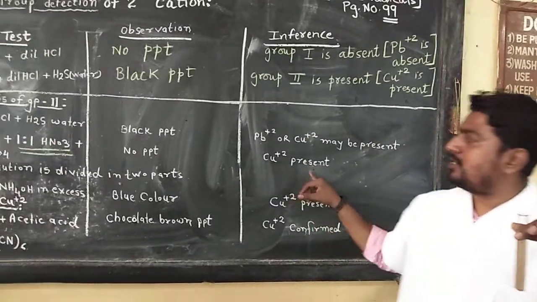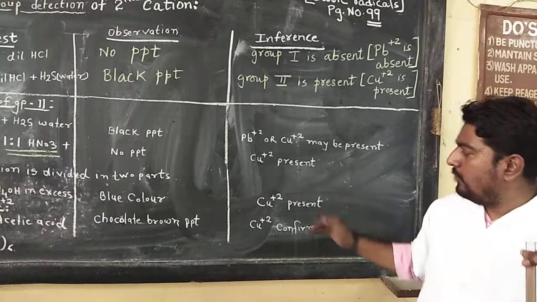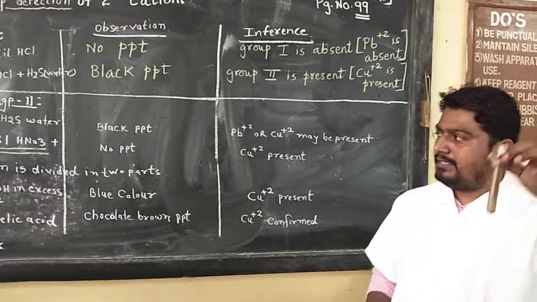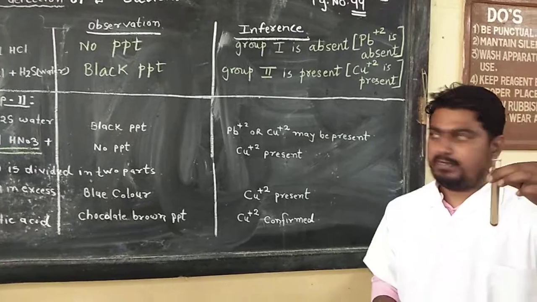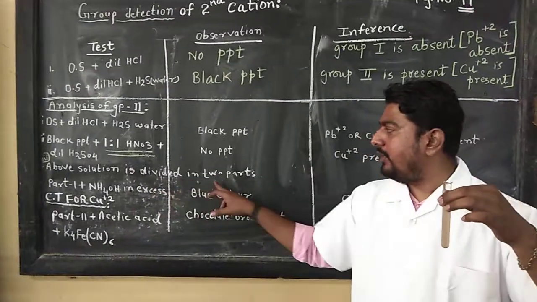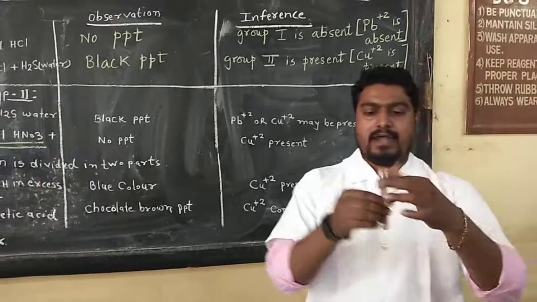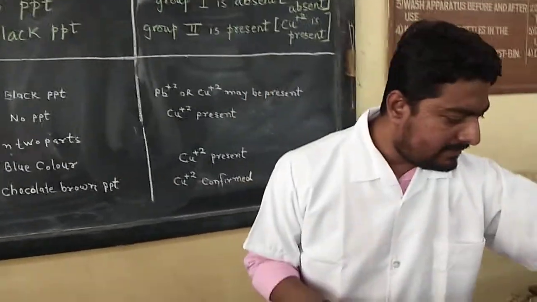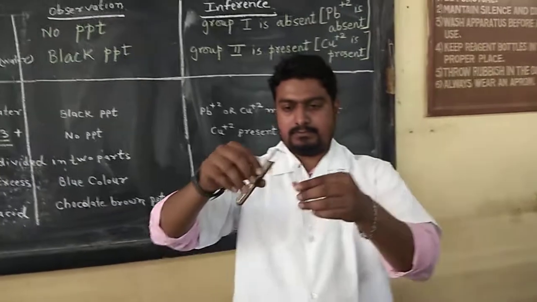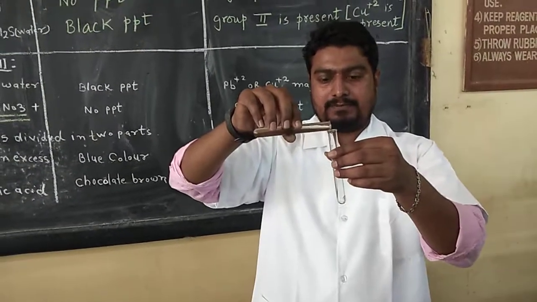And when Cu plus 2 is present, then you have to go for the confirmation test. This solution we have to divide into two parts and use for two different tests. So I am dividing this solution. I am taking half of the part.